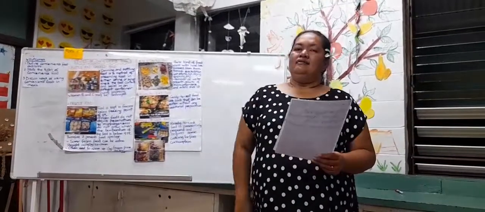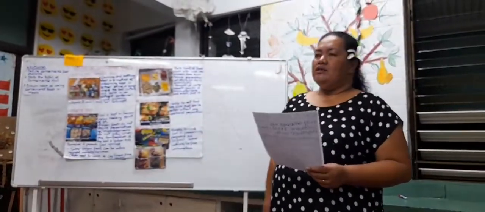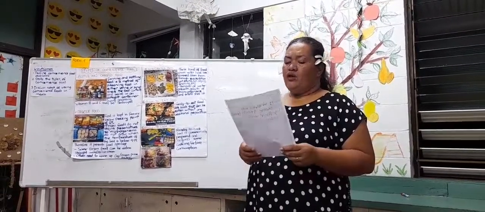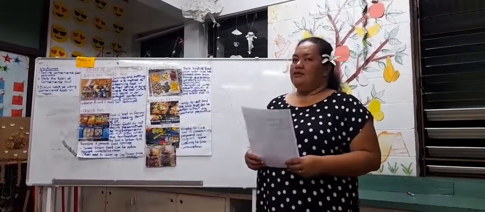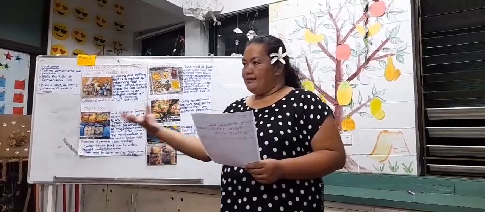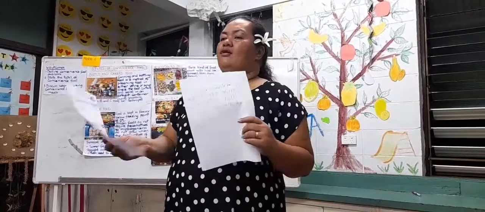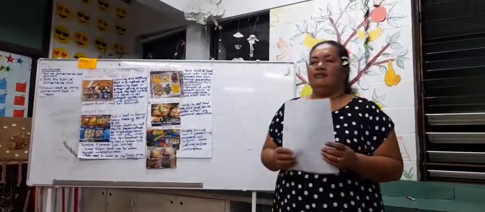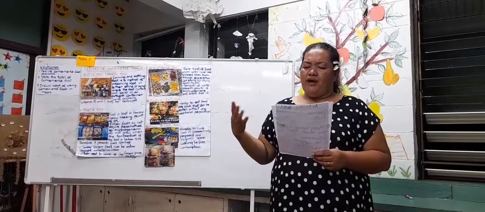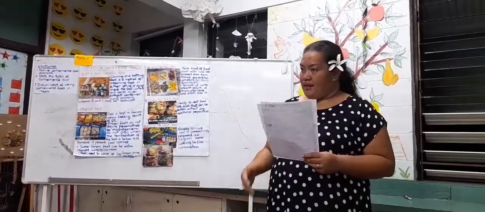Group 1, define convenience food. Group 2, how would you store the following food? Ice cream, fresh fish, where are you going to store them? Okay, the last one, group 3, why should we consume fresh food together with convenience food?